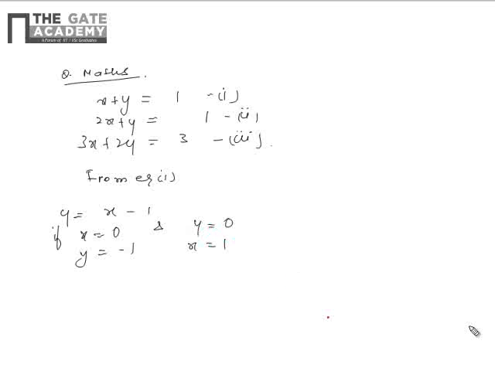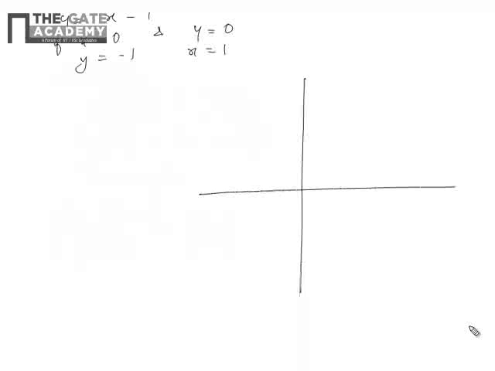So when I'm drawing this x and y axis, this will be y, this will be x, this will be 0, minus 1, minus 2, minus 3.